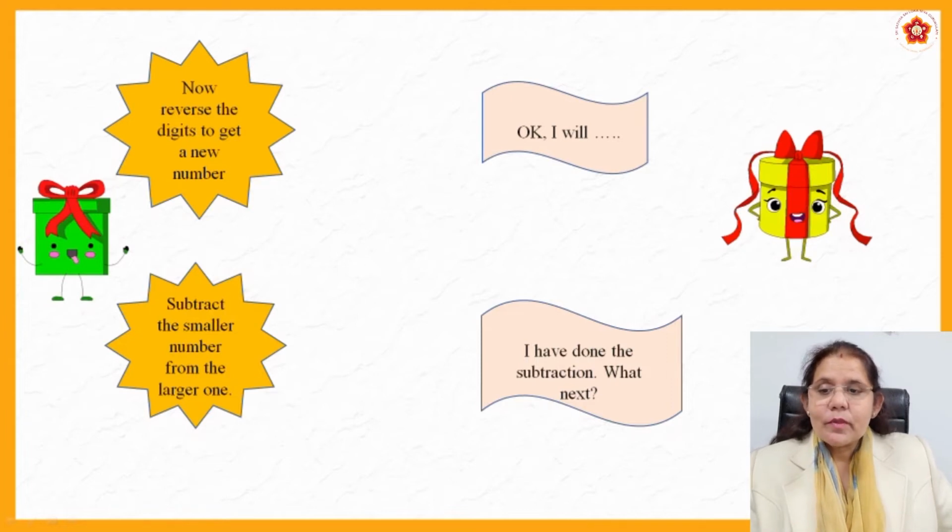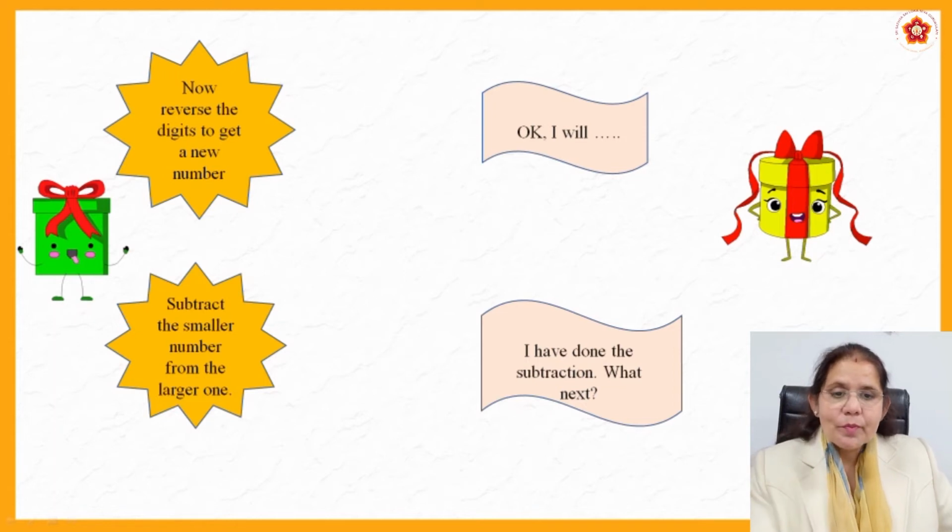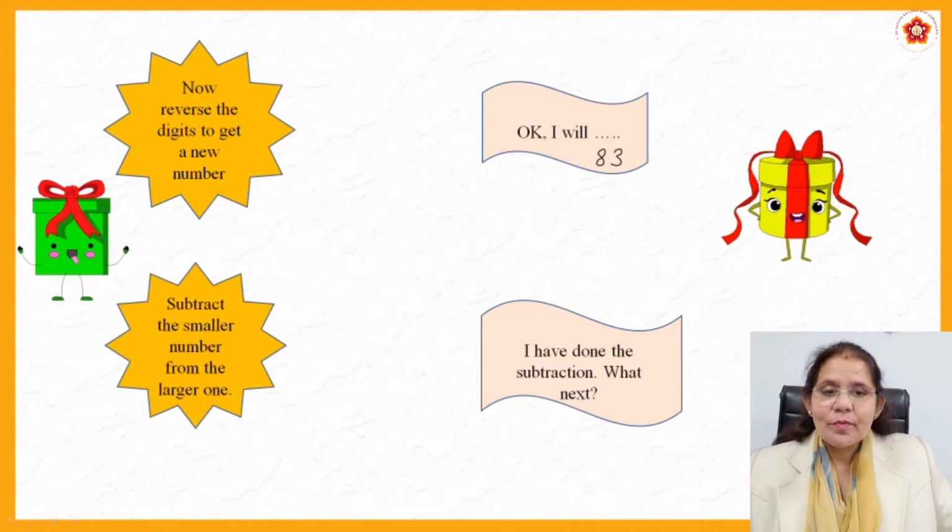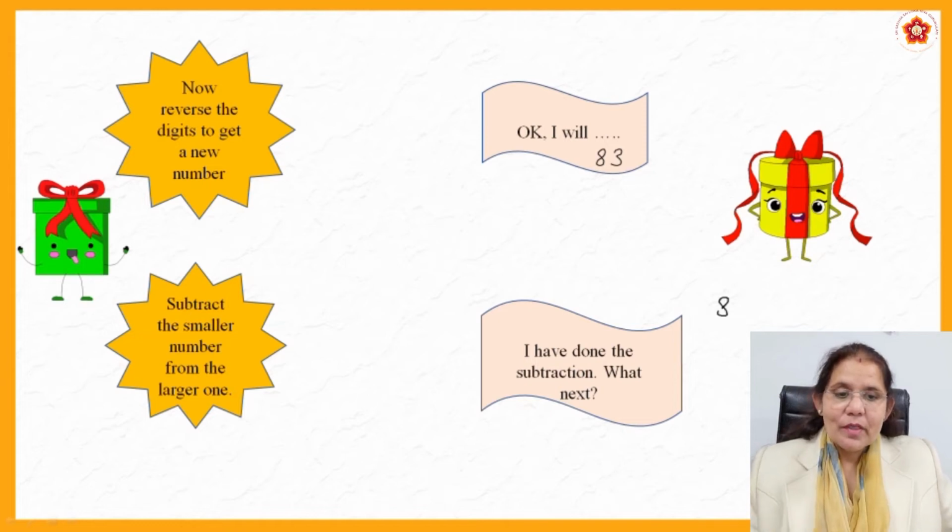Then Steve said, reverse the digits to get a new number. So on reversing, Oscar got 83. Then Steve said, subtract the smaller number from the larger number.